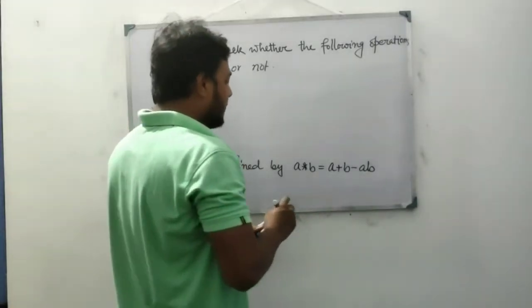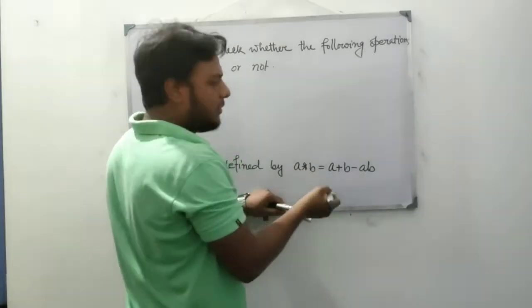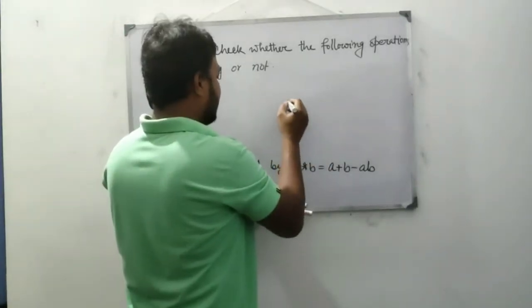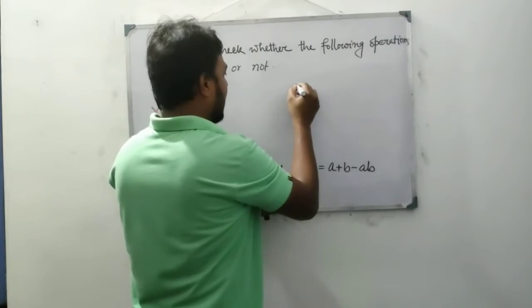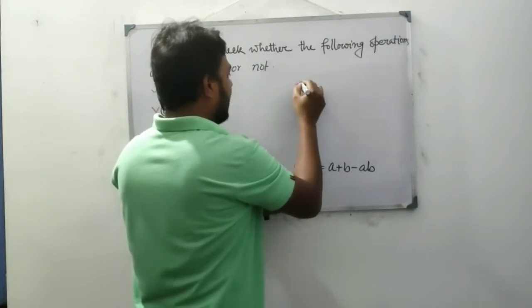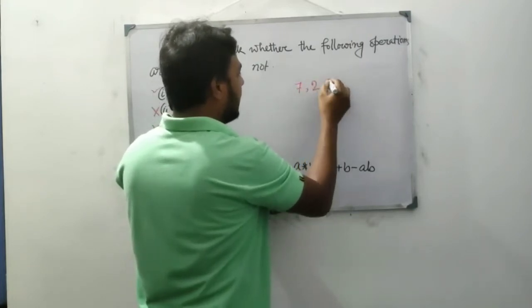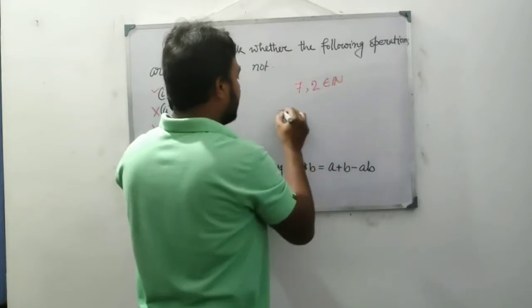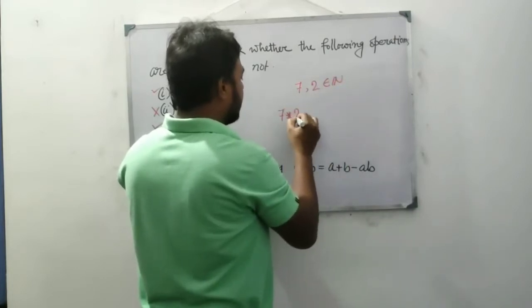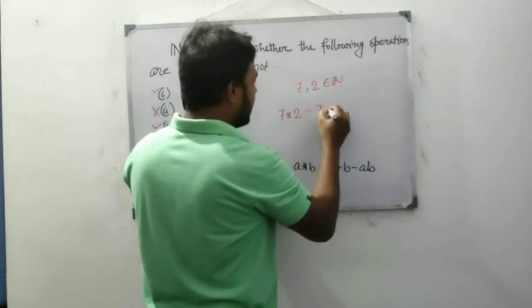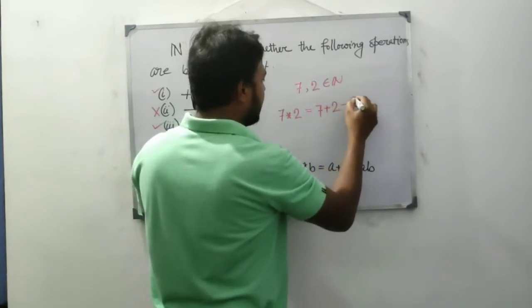Suppose we take 7 and 2, which belong to the natural numbers. Then 7 star 2 equals what? According to the definition, it will be 7 plus 2 minus 7 into 2.